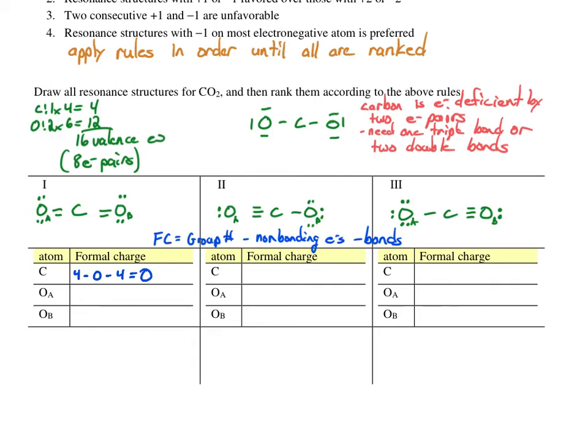Oxygen A is in group 6. It has 4 non-bonding electrons, and it forms 2 bonds. Therefore, its formal charge is 0. Oxygen B is also group 6. It has 4 non-bonding electrons.